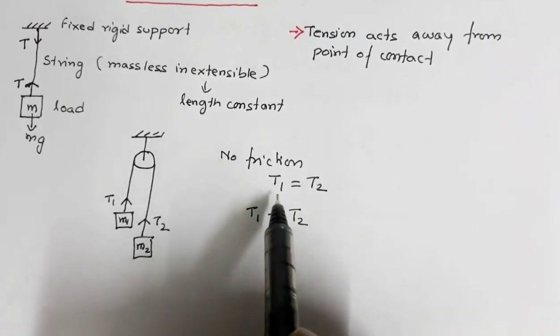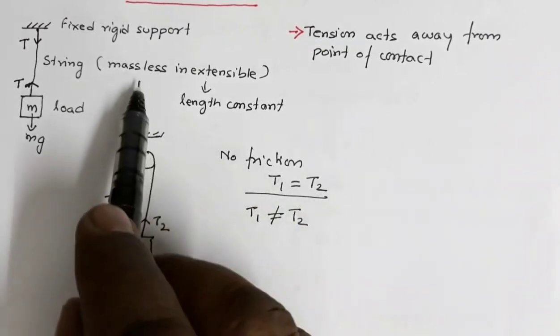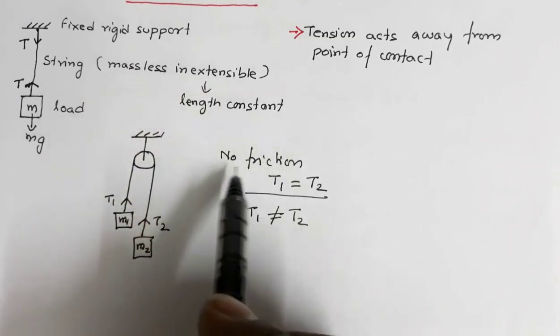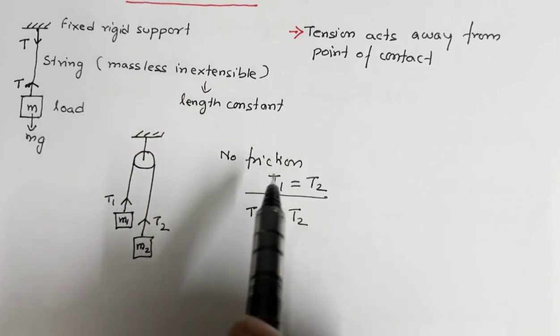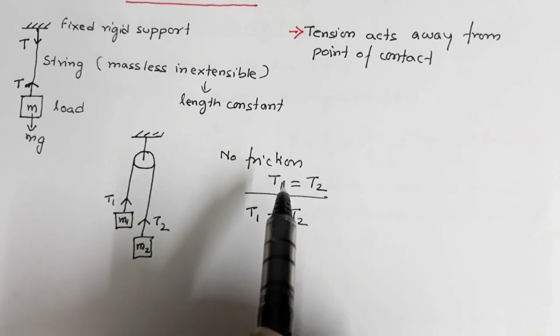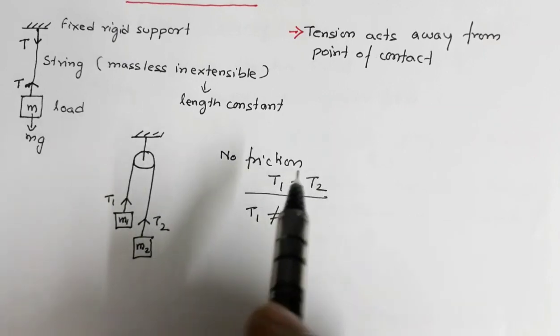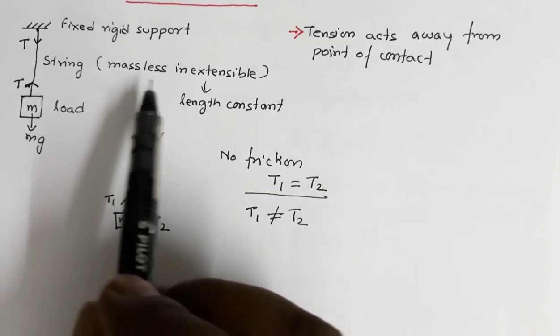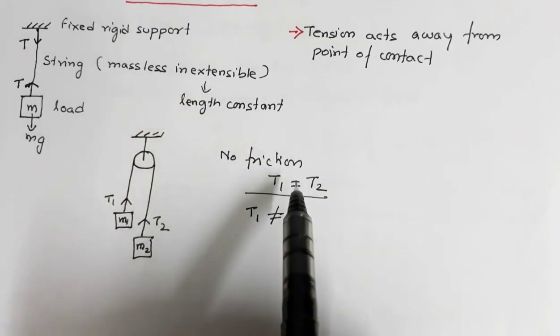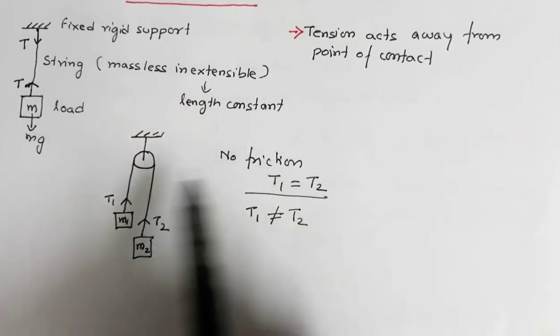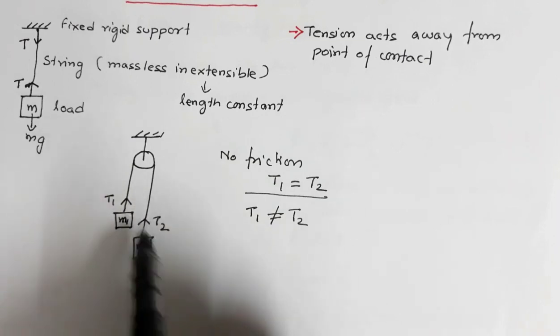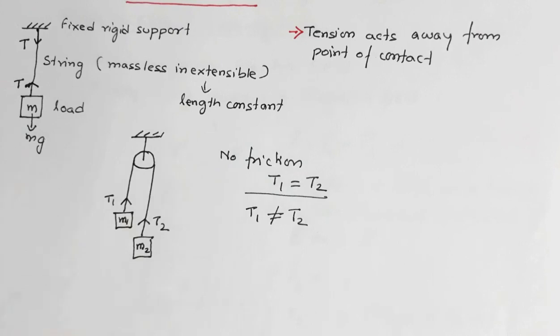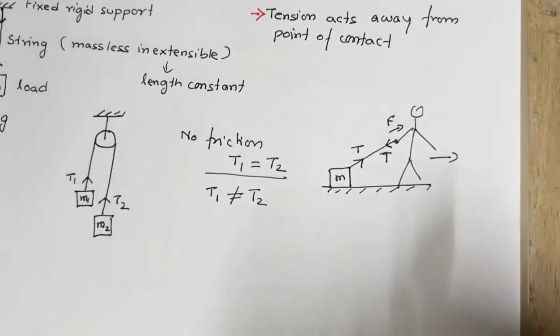So for T1 to be equal to T2, the string needs to be massless, inextensible, and there should not be any friction. Basically, in the chapter laws of motion, in most questions, if nothing is stated, it is implied that the string is massless, inextensible, and there is no friction. If there is friction, it will be stated, and in that case the tension at the two ends will not be equal.